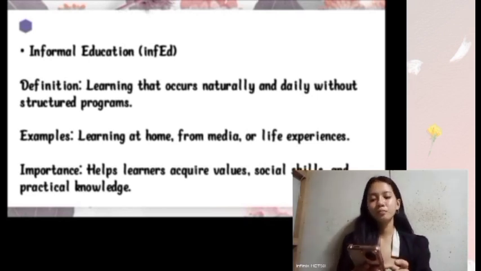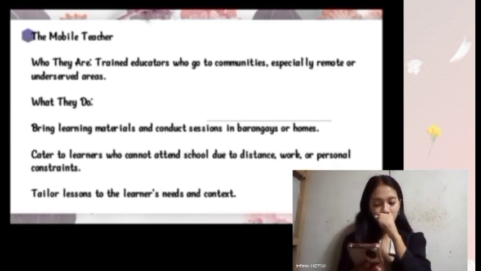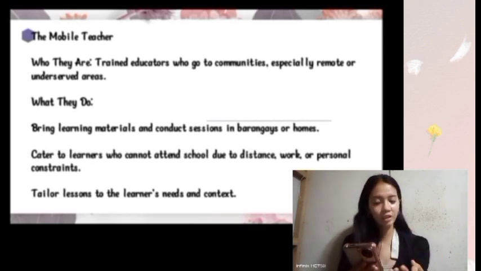So the mobile teacher is a trained educator who goes to communities, especially remote or underserved areas. They bring learning materials and conduct sessions in barangays or homes.